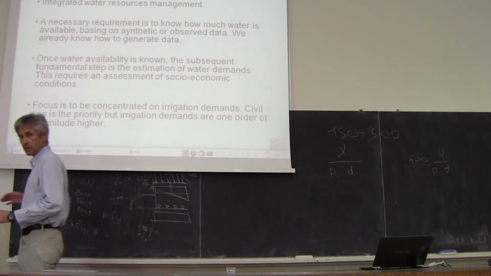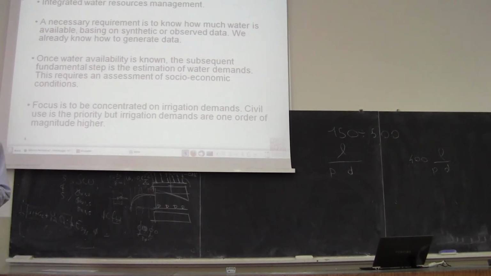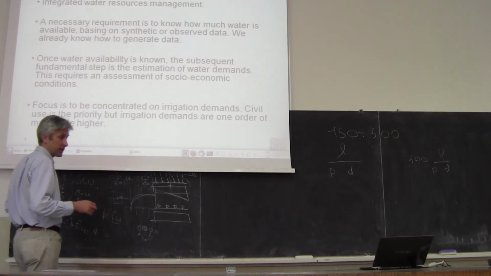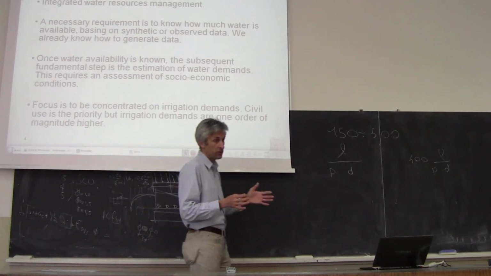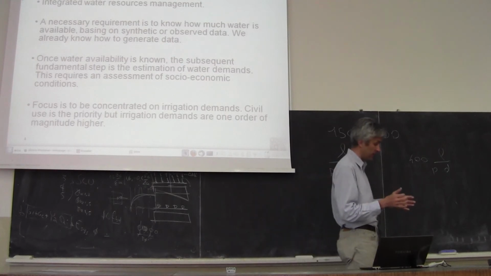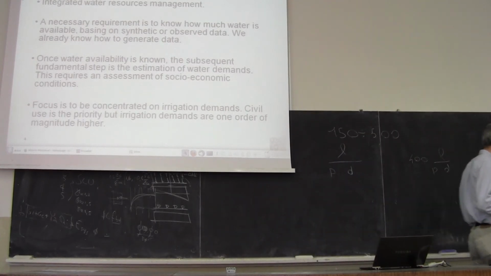So for what reason do small towns have a reduced water consumption? First of all, water losses, because the water supply system is much simpler and less extended. So if it is less extended, you have reduced probability of getting leakages. And also the management is much easier because it's very regular.